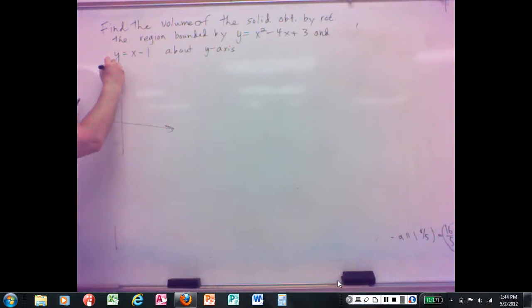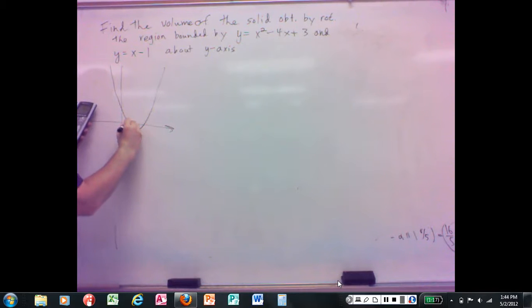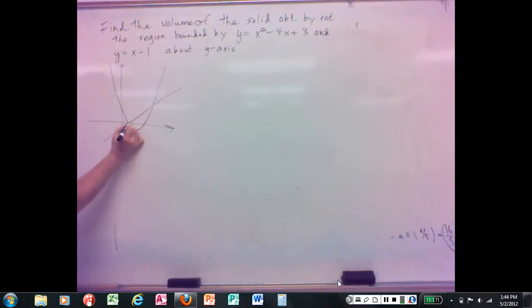So I'm looking like this. So I'm rotating that region bounded by those two about the y-axis.